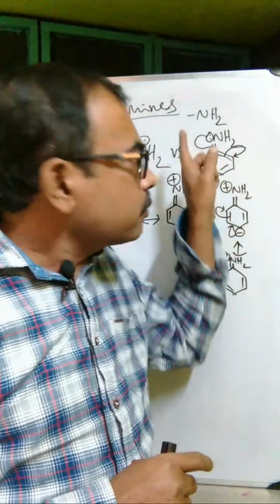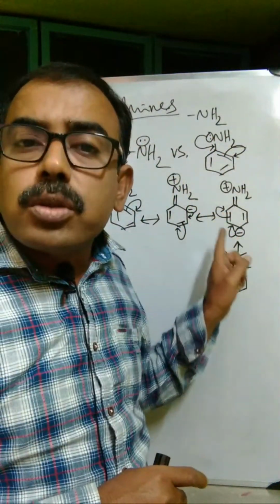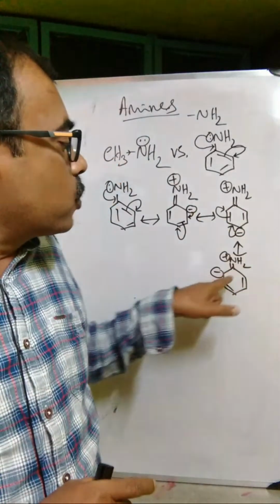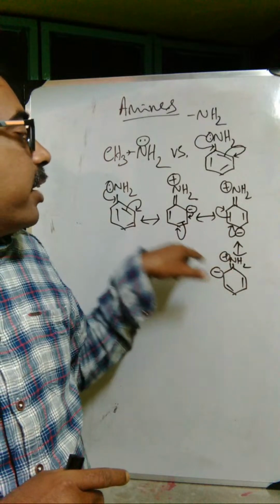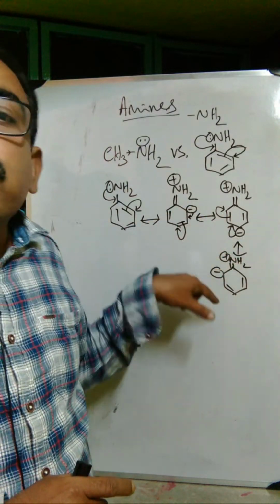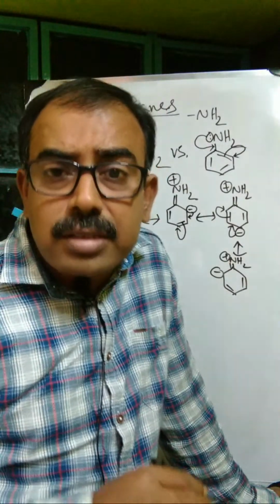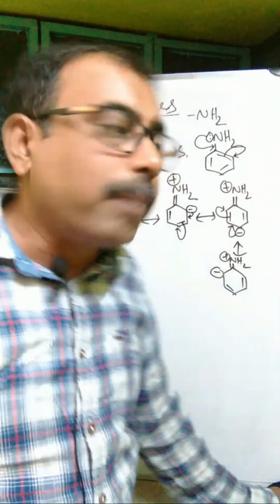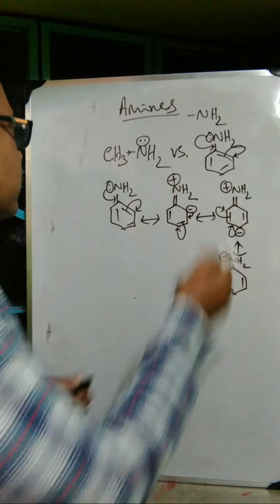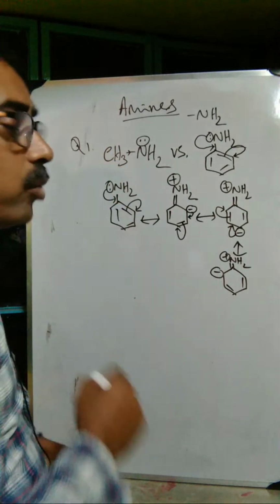That's why the lone pair can easily get delocalized into the benzene ring through resonance. You can see this lone pair is surrounding the benzene ring in the form of a negative charge. So the lone pair is delocalized into the benzene ring through resonance, the lone pair availability is decreased, so the basic strength also decreases. Okay, this one was question number 1, between methylamine and aniline, which one is more basic.